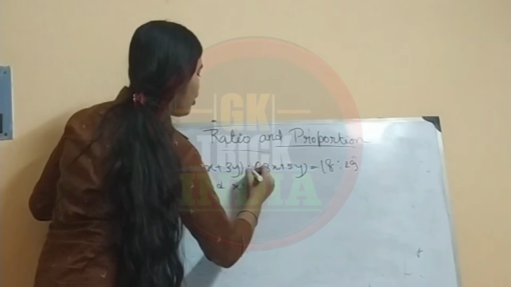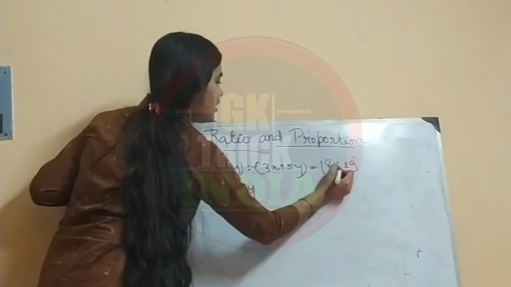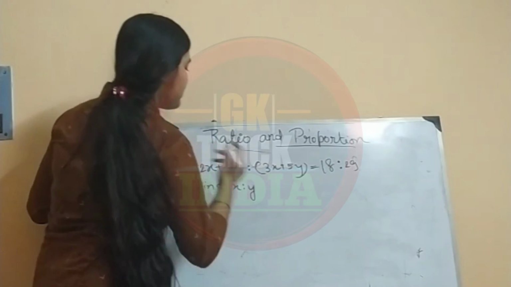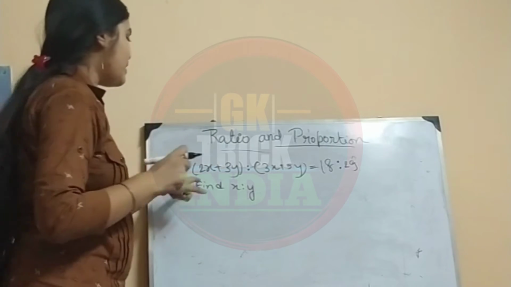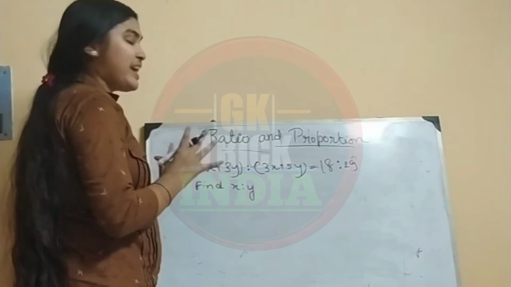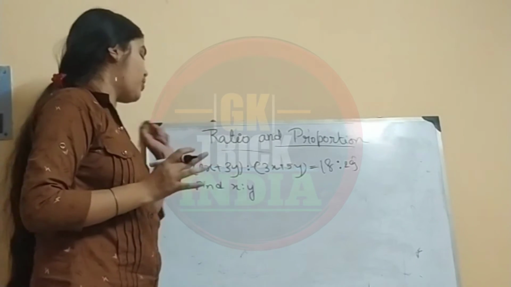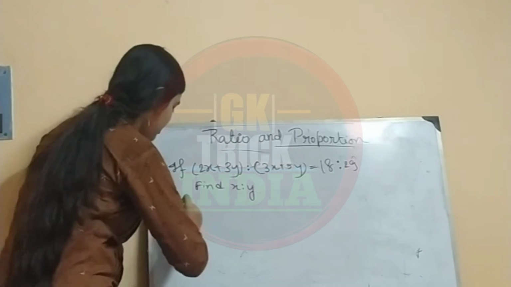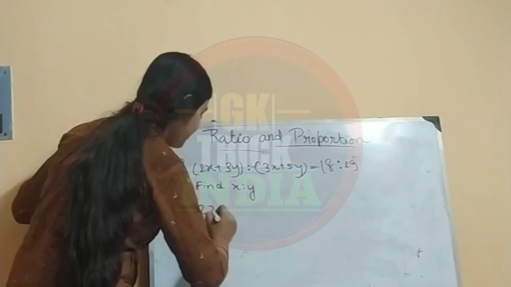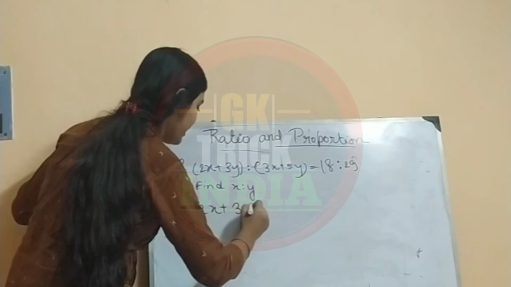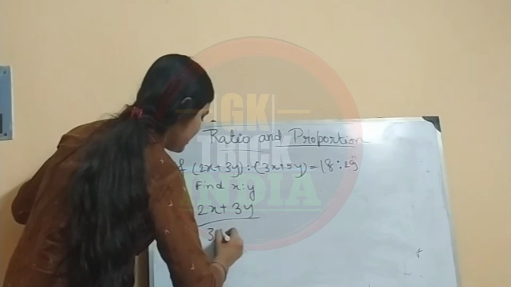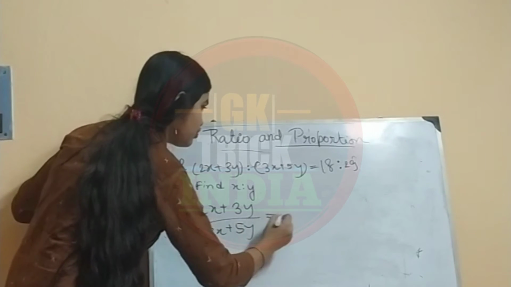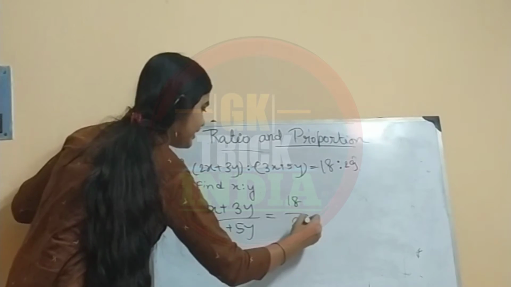Okay guys, I think all of you are thinking that the previous one is easy, but how to find this where x and y are together in the added form? Okay, look, I am helping you. Nothing to worry, just work it step by step. Like 2x plus 3y by 3x plus 5y equals 18 by 29.